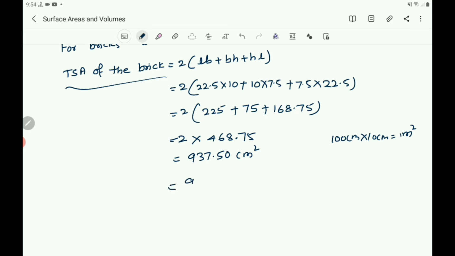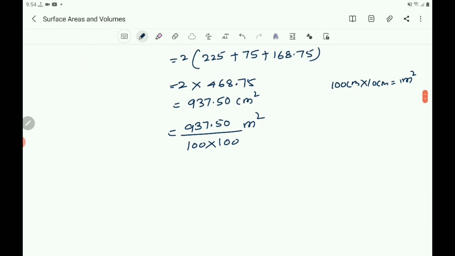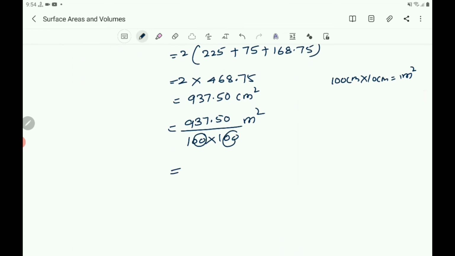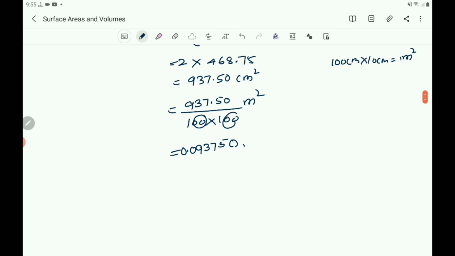So you divide 937.50 by 100 into 100, which becomes 0.09375 m square.